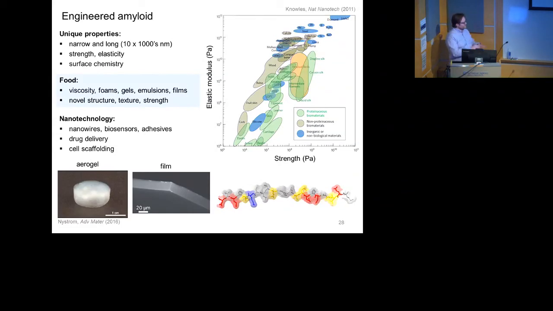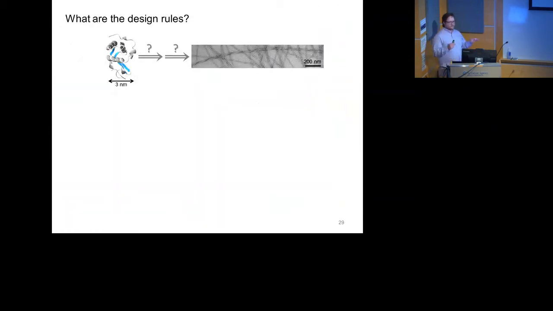This is an area that, since about 2010, seems to be growing quite rapidly. If we want to intentionally make amyloid, and it's tunable, so we can get different strength, elasticity and surface chemistry out of it, we need to understand the mechanism of how amyloid forms from the starting material, which is generally a native protein.